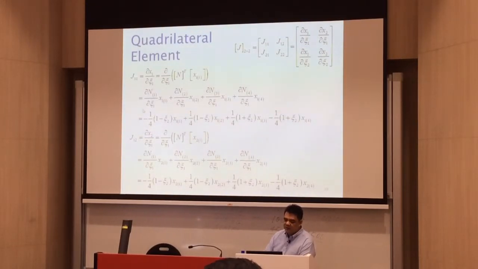You don't need to take the derivative of your shape function 1 with respect to C1 because that has been done already. X1 at 1 is your coordinate. X1 at node 1. You have X1 at node 2, X1 at node 3, X1 at node 4.